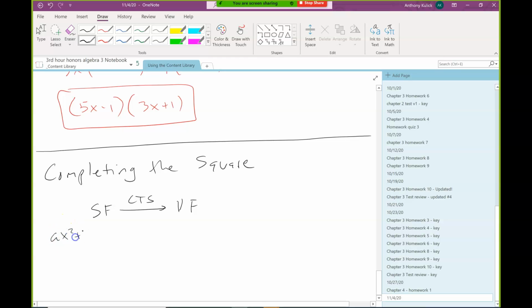And again, it's been some days since we've done this, so I'll just write down again what standard form and vertex form look like.